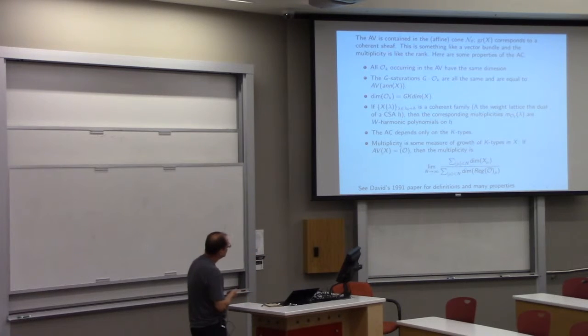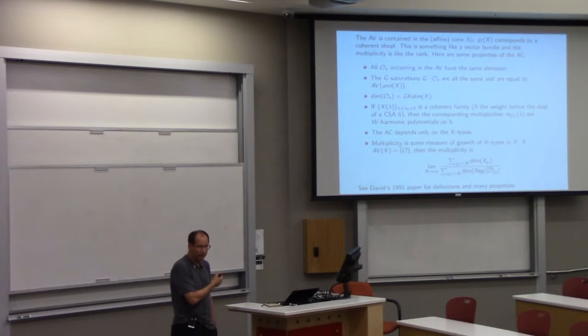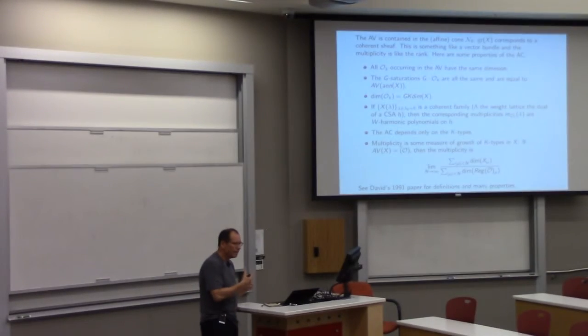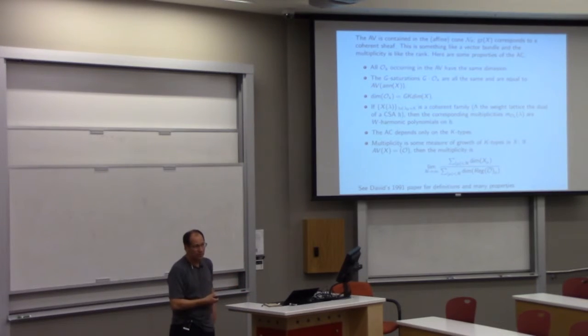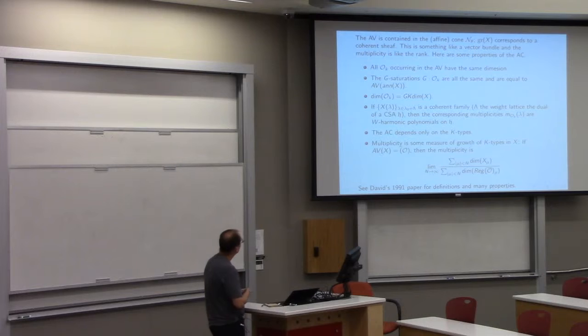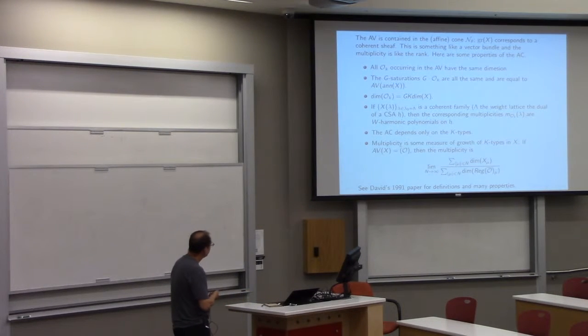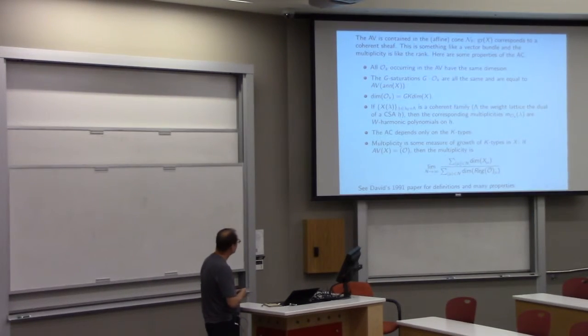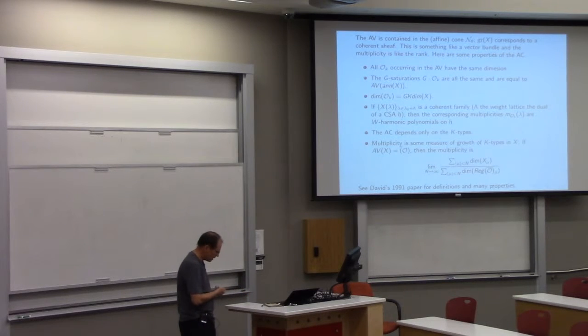And that's a little bit like what I think Jeff was calculating with the atlas by calculating dimensions of k-types up to a certain dimension, or a certain height, I guess. Okay, and the reference with details of much of this and many more properties is David's paper in 1991.